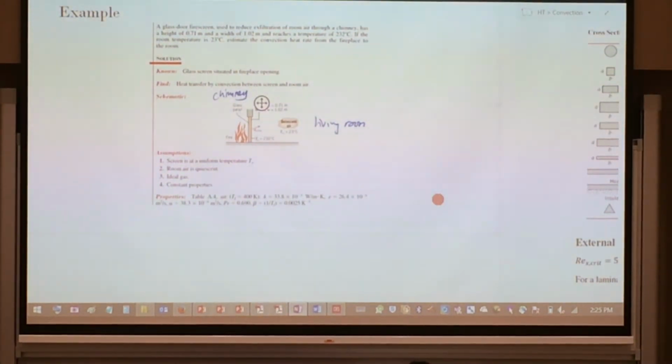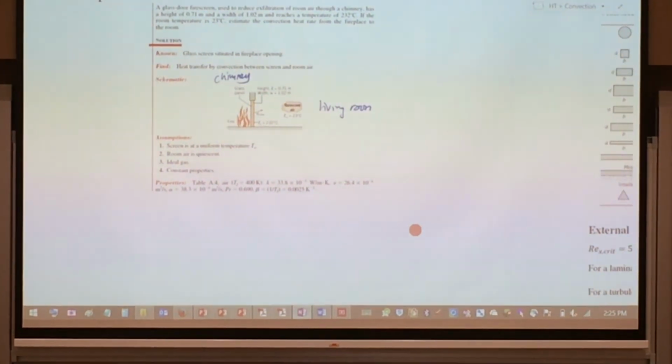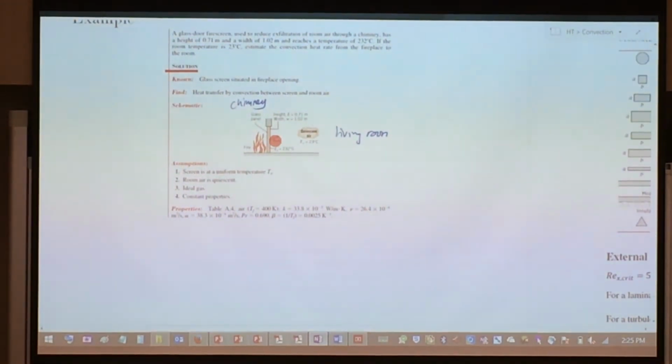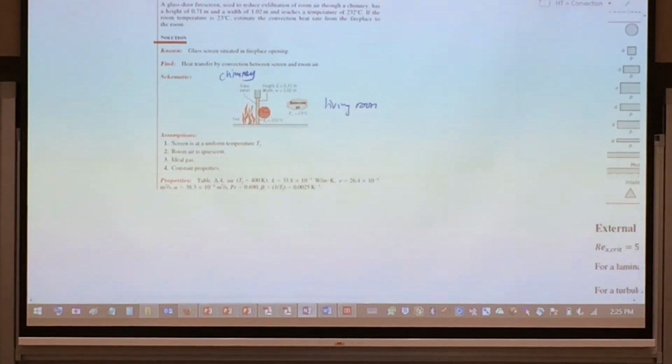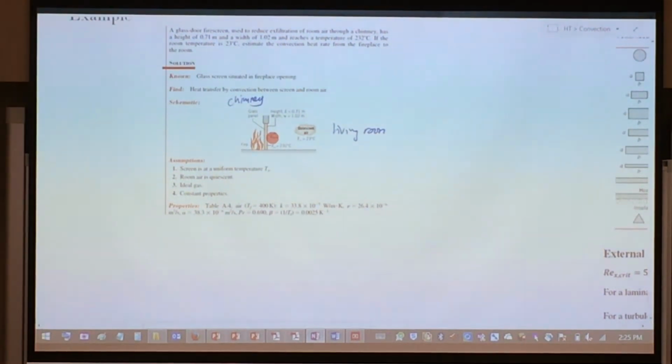Now there are a list of properties that we need to figure out in order to help us to find what are the physical properties that we'll be using, things like your thermal conductivity, kinematic viscosity, diffusivity, Prandtl number. Your beta is actually 1 over your film temperature.